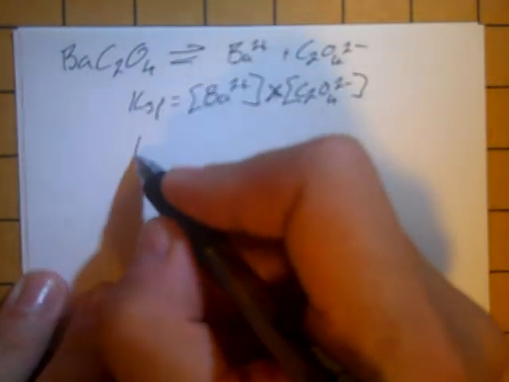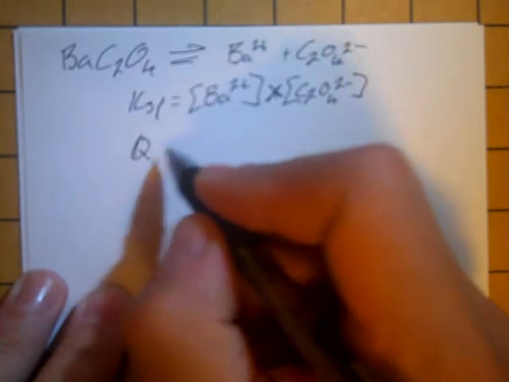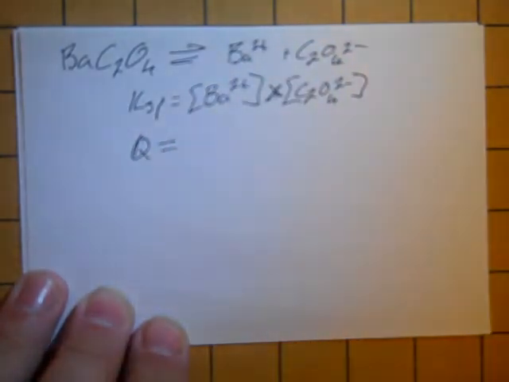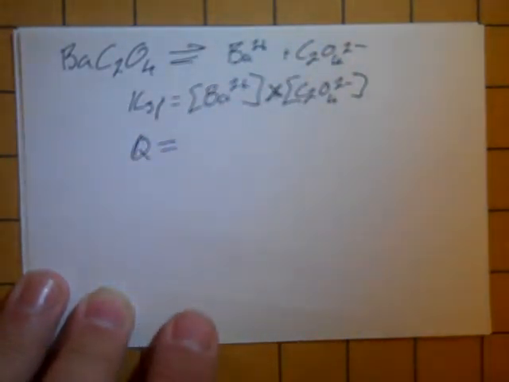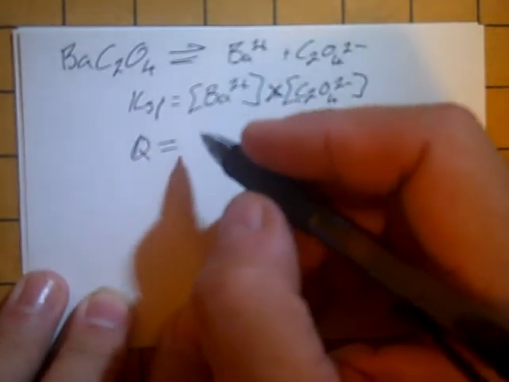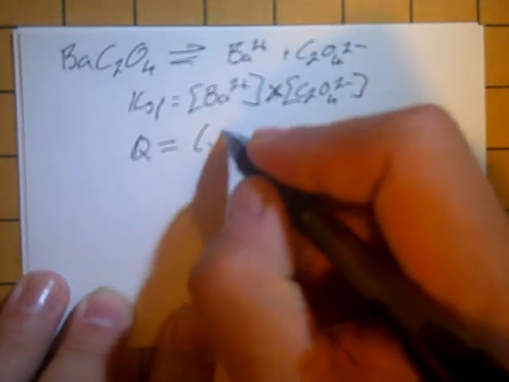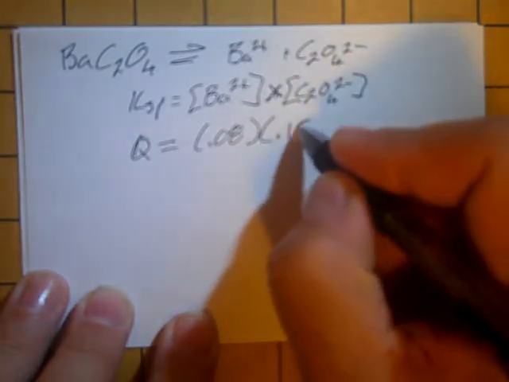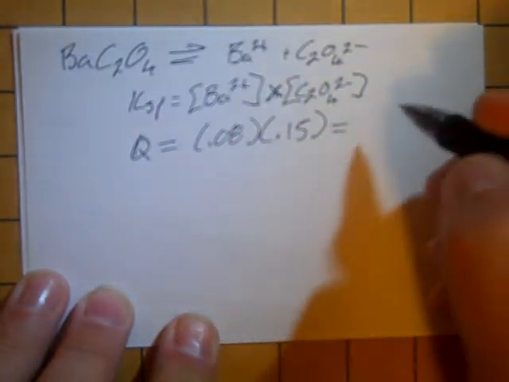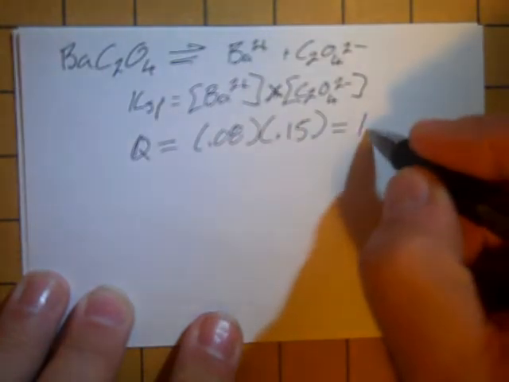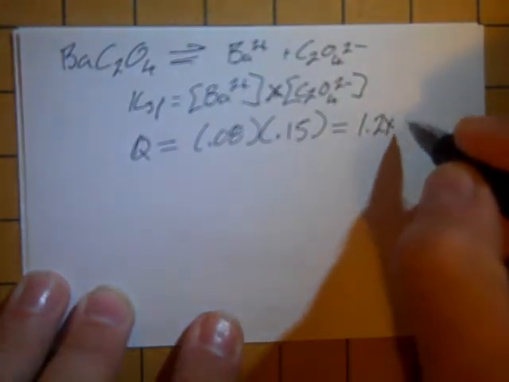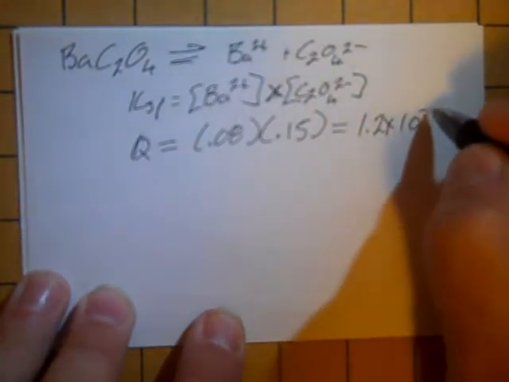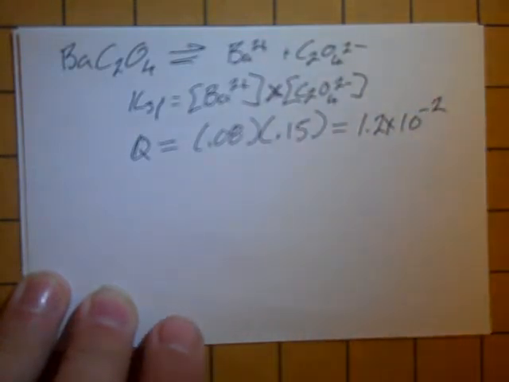Substituting our numbers into this expression, but since I know it's not at equilibrium, I use Q. That would just give me 0.08 times 0.15, which equals 1.2 times 10 to the minus 2.